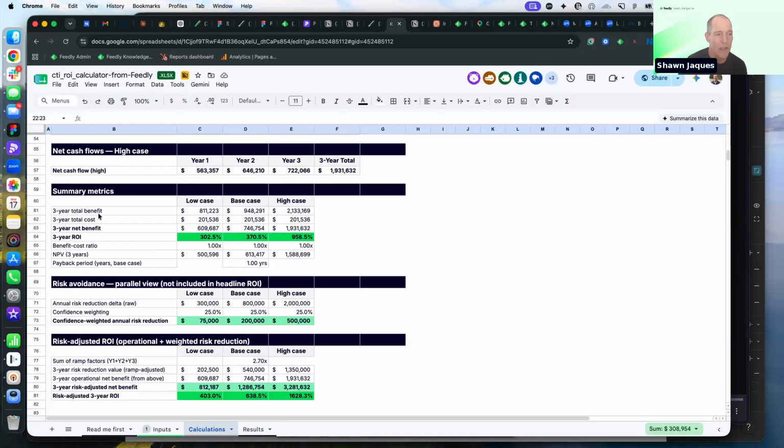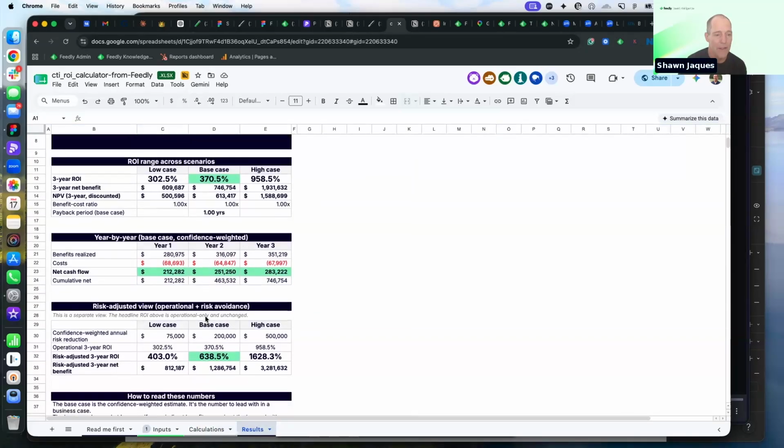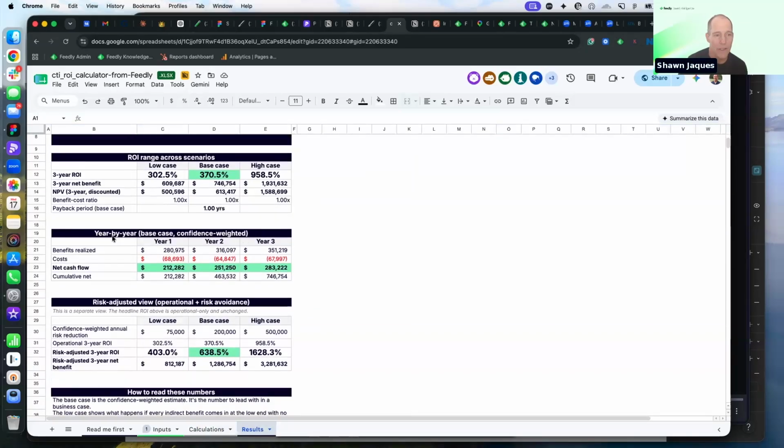So you can get to the summary metrics of your ROI, both here in the calculation and in the ROI summary, with and without that risk adjusted view where you're looking at all the risk avoidance stuff. So check it out. It's a pretty good tool. You can use it for any kind of purchase. Program value is a little bit less of a thing that you might want to use ROI for.